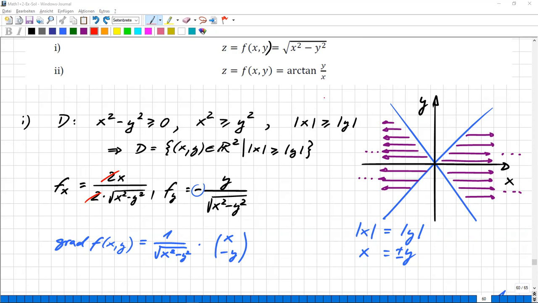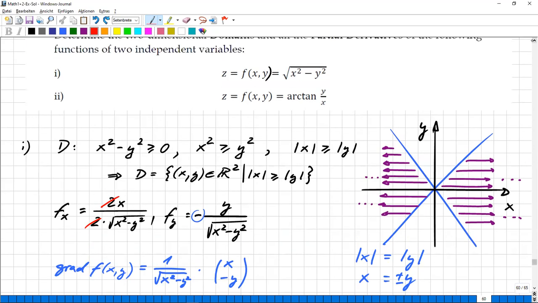Okay. So let's proceed. How to take the partial derivative with respect to x. Now, interestingly, or well, let's say conveniently, all the derivation rules which are familiar to us still hold.